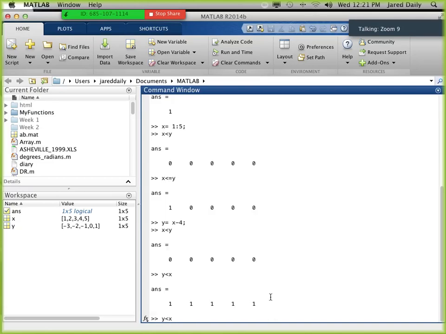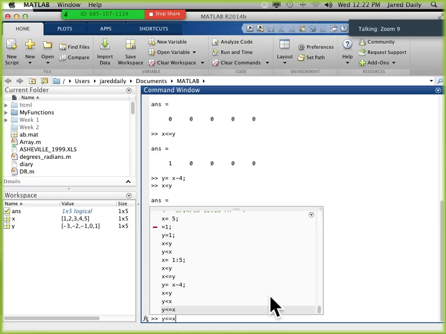Or we could ask if y is less than or equal to x, and then it's always true also. So these are some of the Boolean operators. They are not the only ones, and they're called relational operators in this book. You have less than, greater than, less than or equal to, greater than or equal to. And then we also have an equal to, so we can use that one.